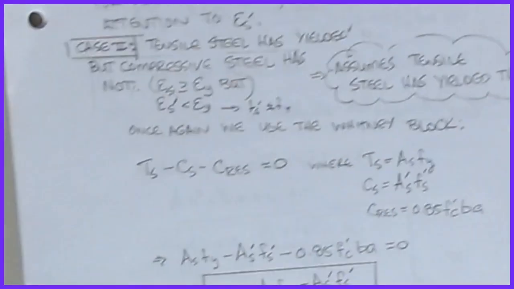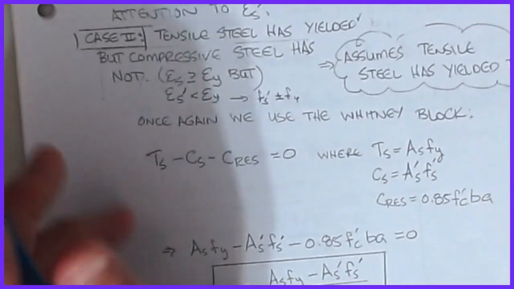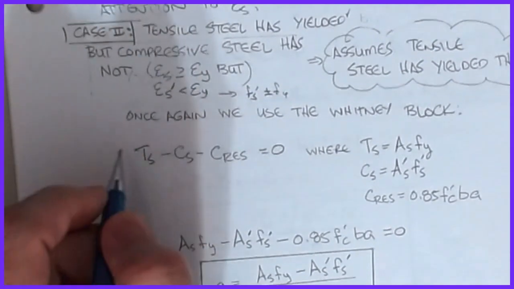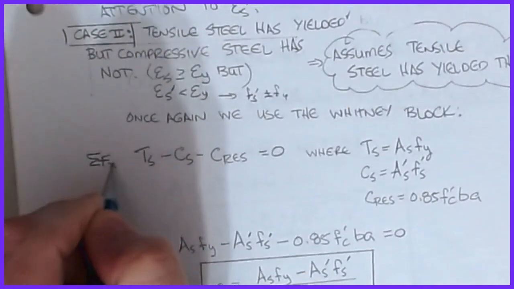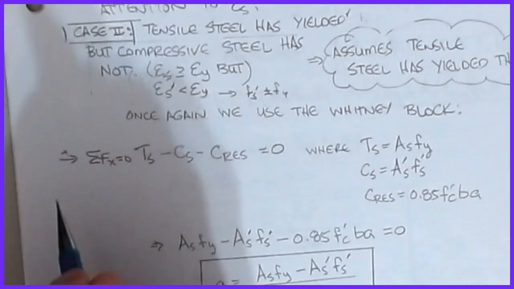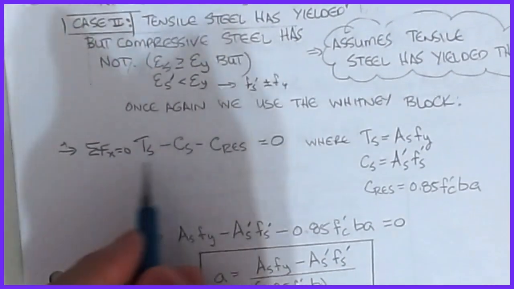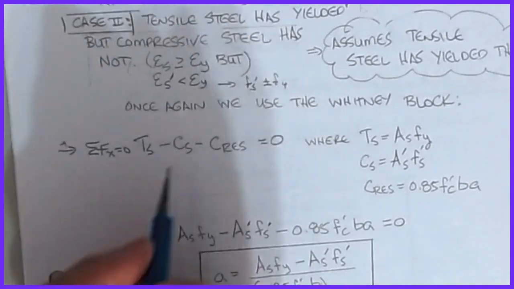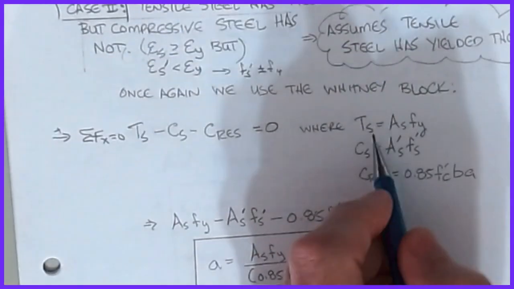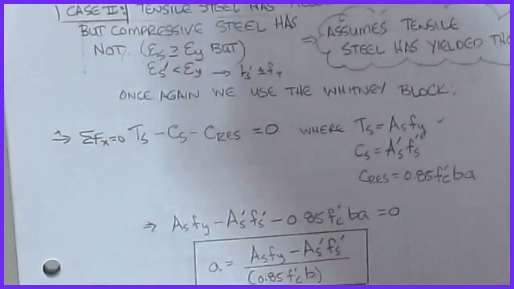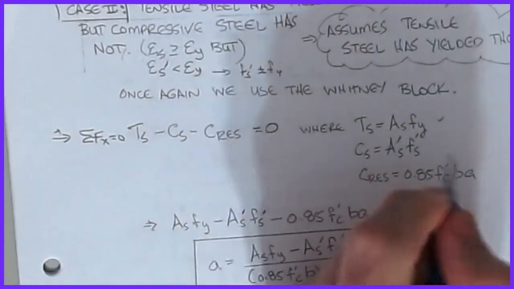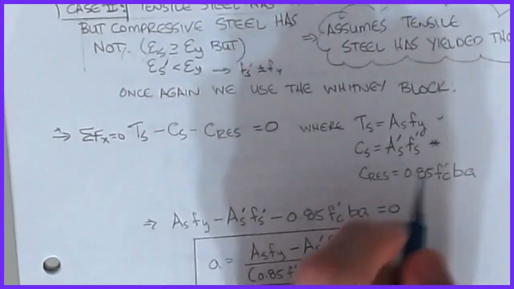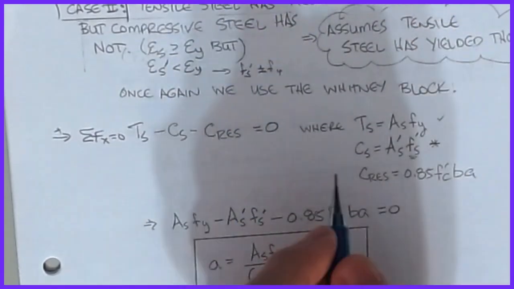If this is the scenario, what we can do is go back to our Whitney block. Again, this is the sum of forces in x equal to 0. This is positive, and this is the same formula that we had: tensile steel minus compressive steel minus concrete compressive resultant. What changes is, since we've yielded it, I now know that AsFy is my tensile value, but this is the one we've got to look at now, because I have to compute Fs prime.